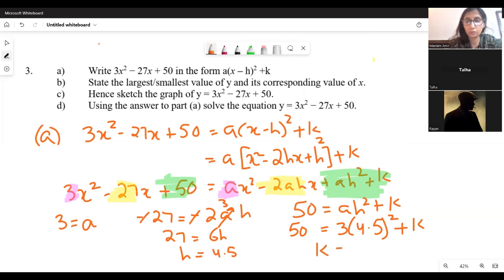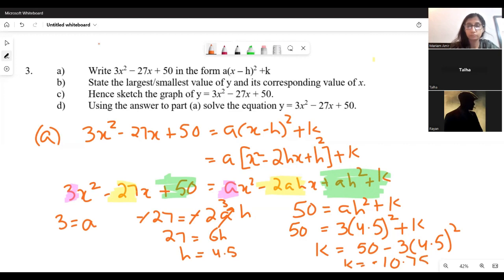So k equals 50 minus 3 times 4.5 whole squared. What is that? 50 minus 3 into 4.5 squared is minus 10.75. Let me quickly check the answers for 3A at the end of the worksheet.